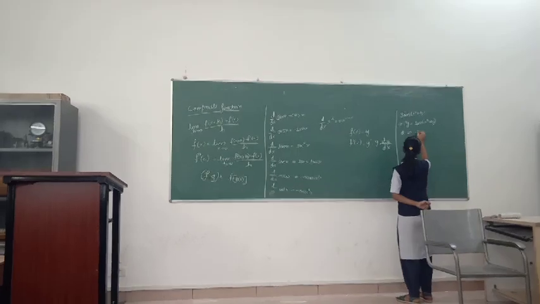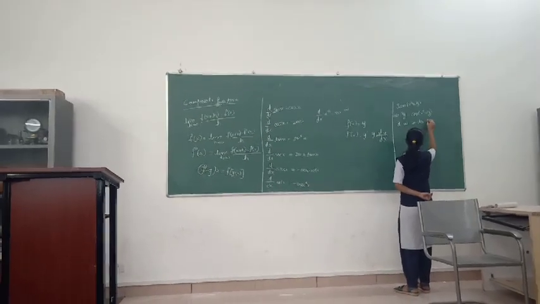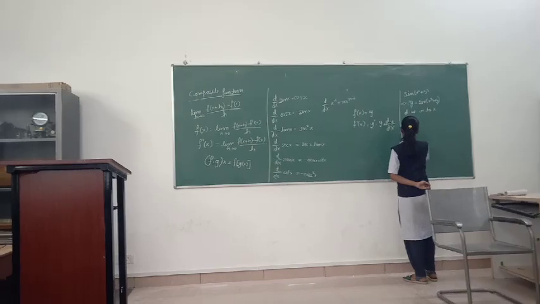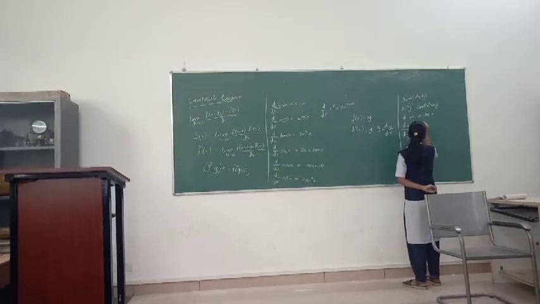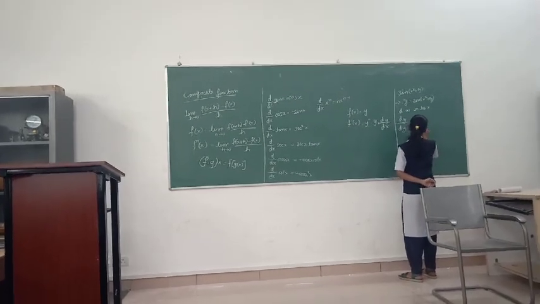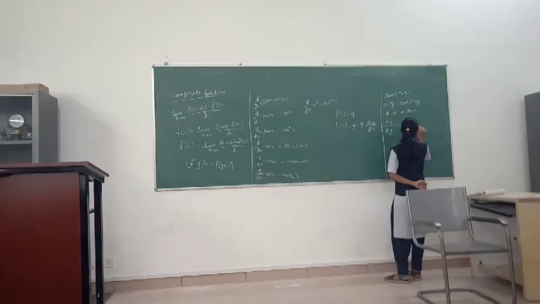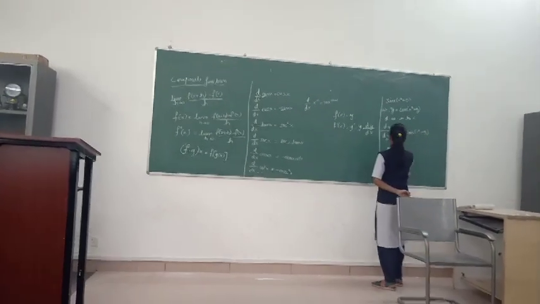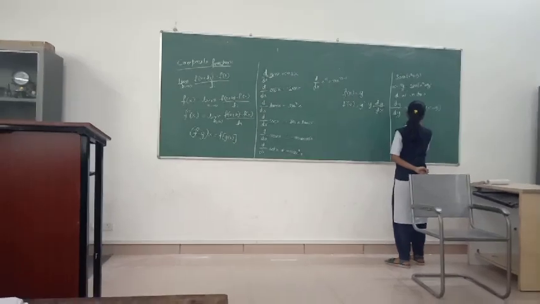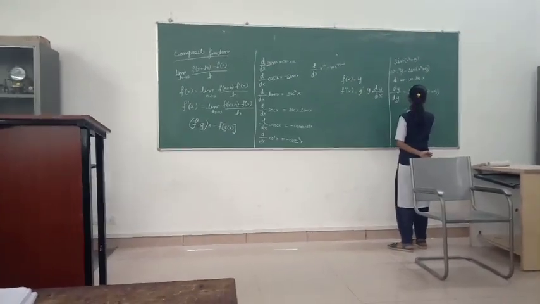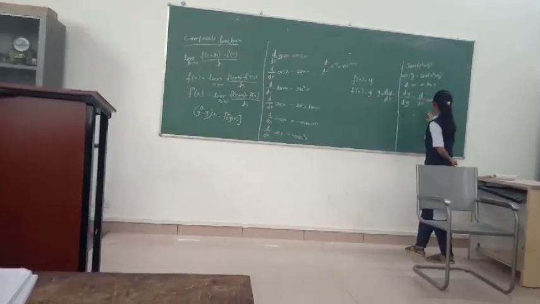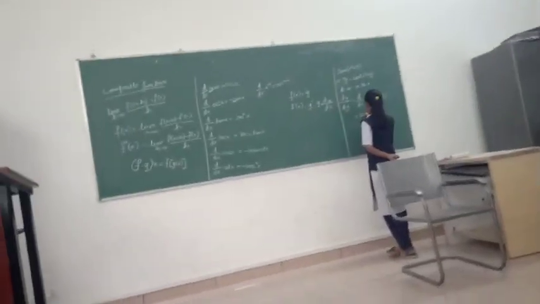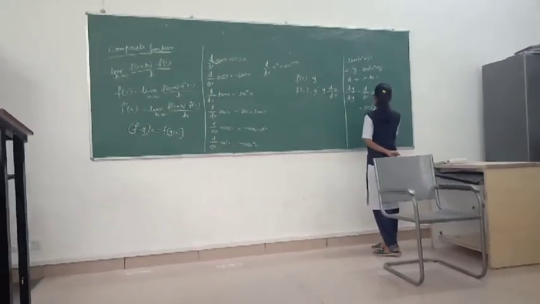Differentiate with respect to x. dy by dx is equal to d by dx of sin of x square plus 5. d by dx of sin x is cos x square plus 5.